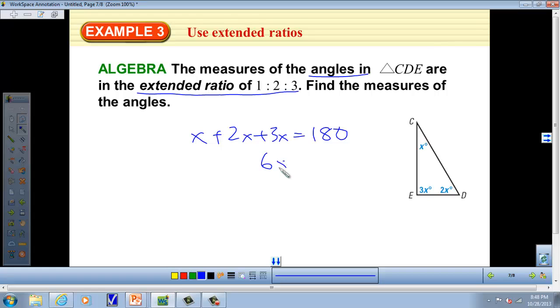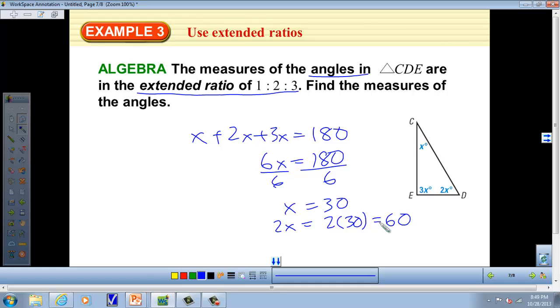This gives us 6x equal to 180, and dividing both sides by 6, we have x is equal to 30. We need to find all 3 angles, so the next one would be 2x, which is 2 times 30, or 60. And 3x would be 3 times 30, or 90.